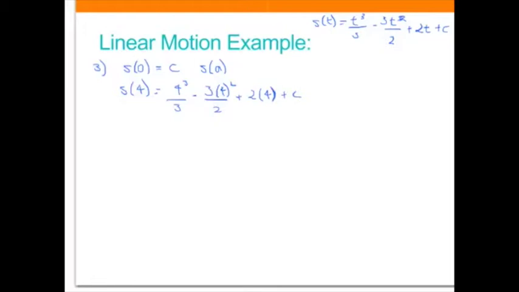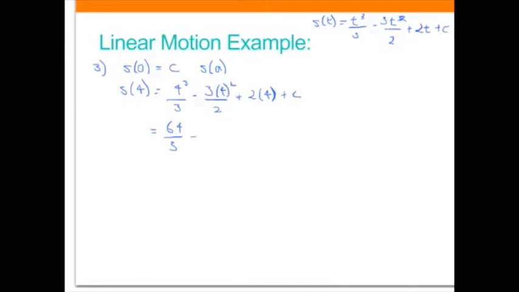Which is going to be equal to 64 on 3, apparently. I feel like close enough is good enough. Where's the C? Oh, still there.